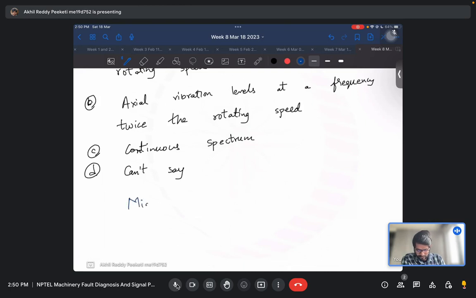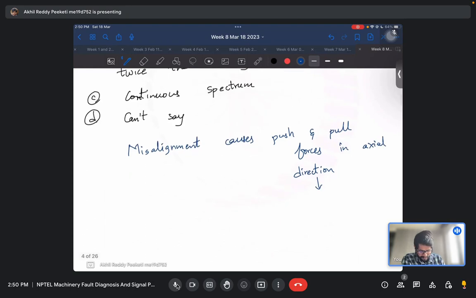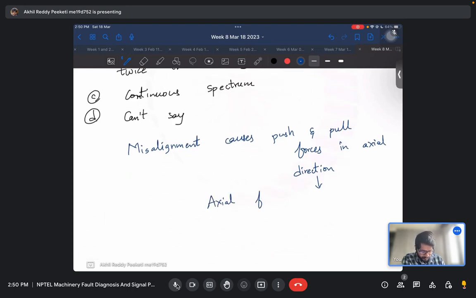So the misalignment causes push and pull forces in the axial direction, as we saw in the last question, and these axial forces will be visible at a frequency twice the rotational speed.